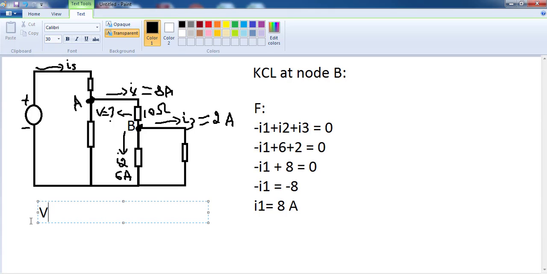The formula is very simple: V equals I times R. So V equals the resistor's value, 10, times the current we found out, I1 is 8 amp. So the voltage is equal to 80 volt.